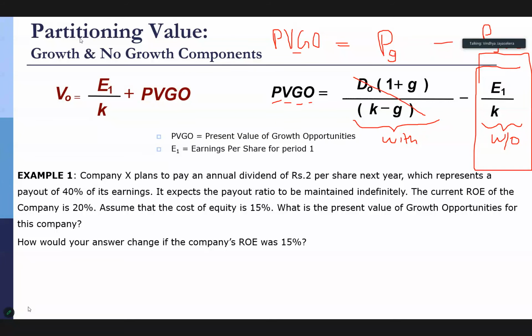So you can quickly do it. What is the present value of growth opportunities? How much is PVGO?